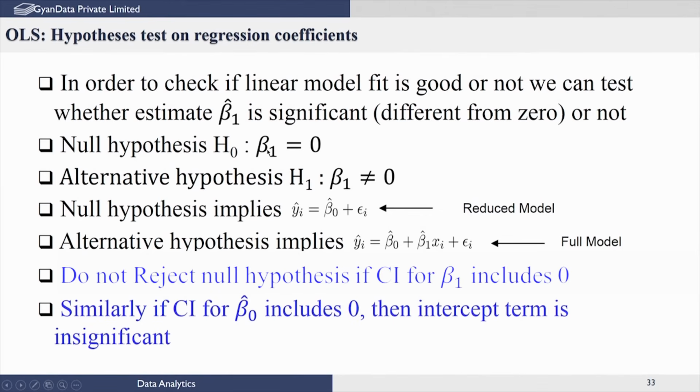That is what we are doing when we test the hypothesis beta 1 equal to 0 versus beta 1 not equal to 0. Remember, beta 1 can be either positive or negative, and that is why we are doing a two-sided test. We can do it two ways. We can decide based on whether the confidence interval for beta 1 includes 0.